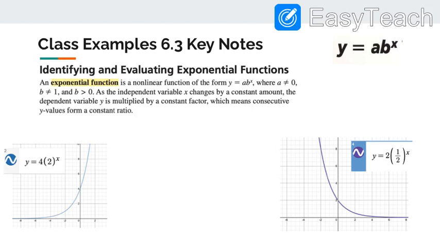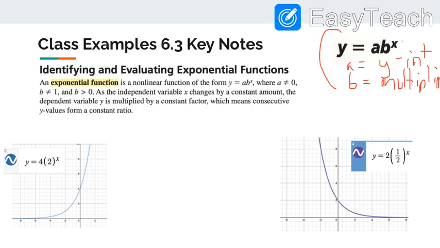And what this means is that our a value is our y-intercept, and our b value is our multiplier. So make sure you write all that down. The a value is the y-intercept, the b value is a multiplier.